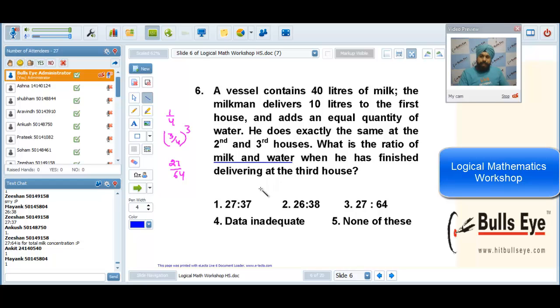The question is asking about the ratio of milk and water. If there is 27 milk left at the end, this means there is 37 water left at the end. So the ratio will be choice number 1. 27 is to 37.